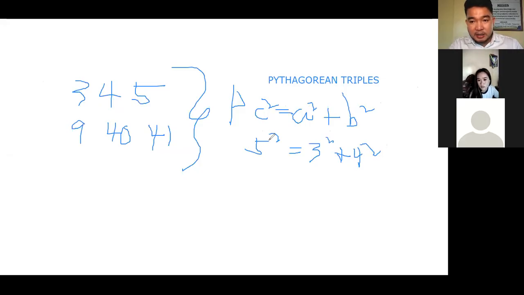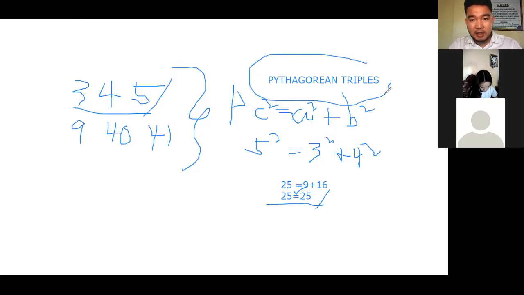Then simplifying it, 5 squared is equal to 25 equals 3 squared, which is 9, plus 4 squared, which is 16. So 25 is equal to 9 plus 16 is also 25. Ibig sabihin, yung nakuha natin dito ay tama. So kapag equal sila, 25 equals 25, ibig sabihin, yung tatlong number na ito ay Pythagorean triples. Okay? So Pythagorean triples ang tawag natin.